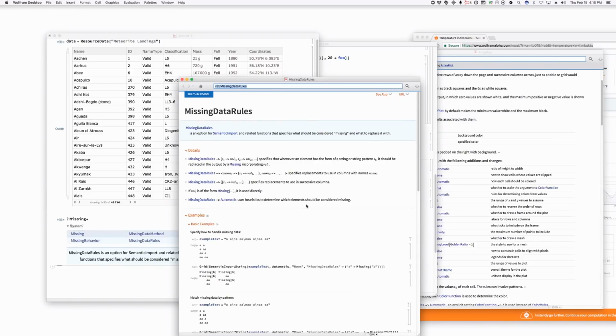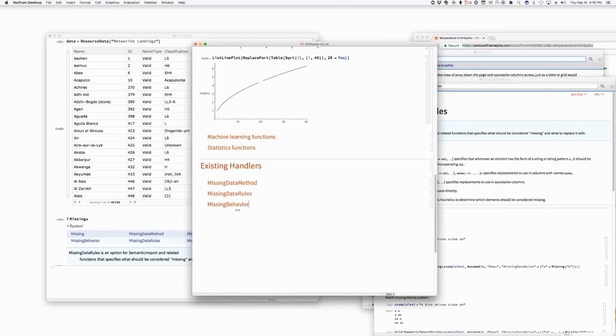What the heck is that? Well, okay, so MissingDataRules basically specifies substitutions for missing data. Is it that, or is it the other way around?